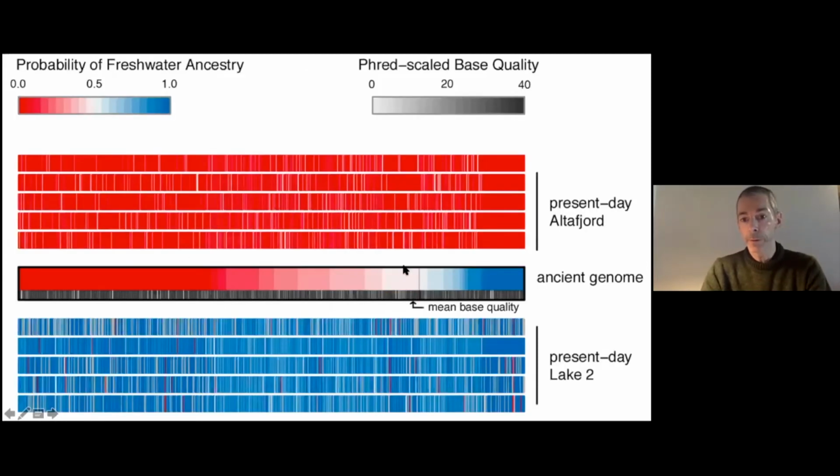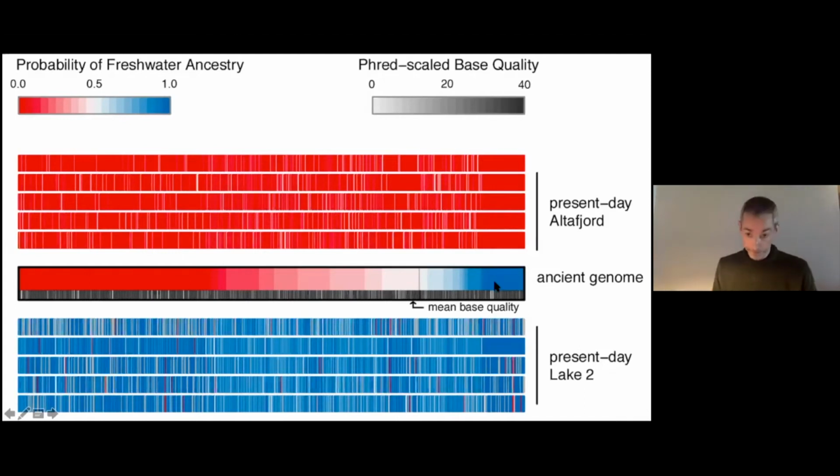And perhaps not surprisingly, we see, when we look at the ancient genome, and we're just looking here at regions that are associated with the present day fjord population or the present day lake population, and so they're at high frequency in one or the other, we can see that the ancient sample mostly has regions that are showing a fjord-like signature, with roughly 25% showing a lake-like signature.